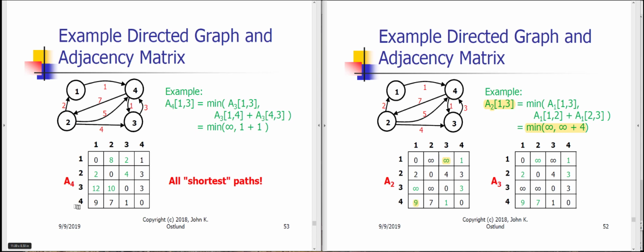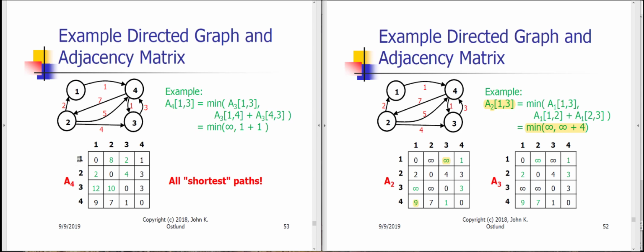Okay, so in A4, row 4 and column 4 cannot be different from what they were in A sub 3. The only values that might conceivably change are these values in green that are off the diagonal, not part of row 4, not part of column 4.